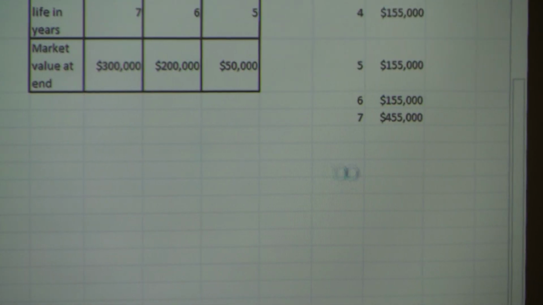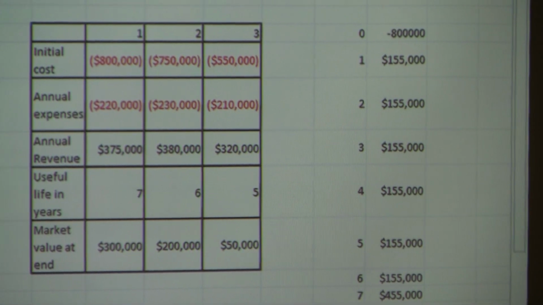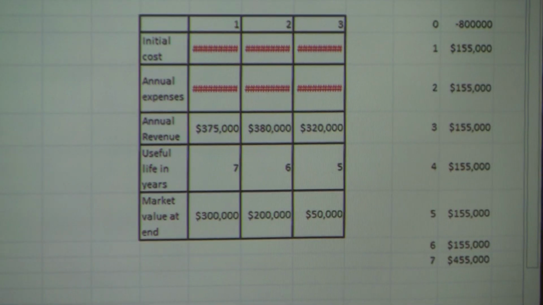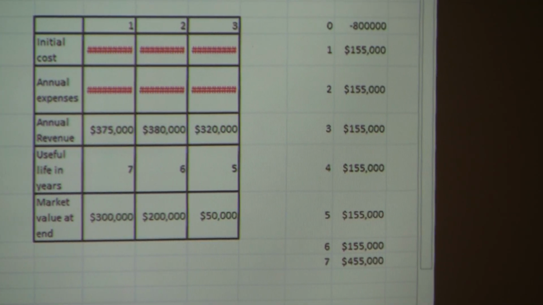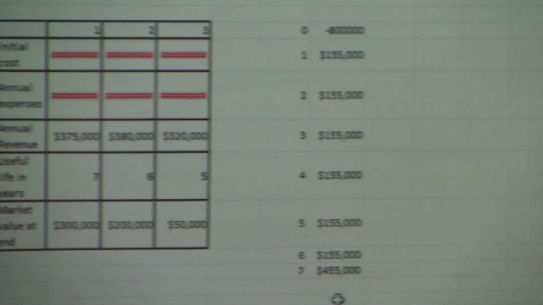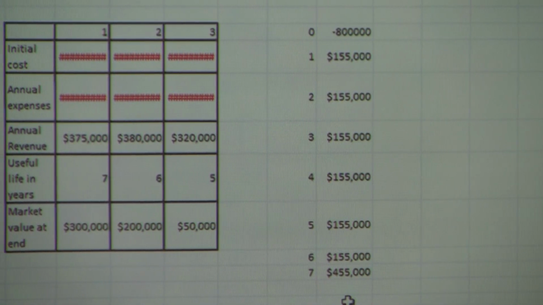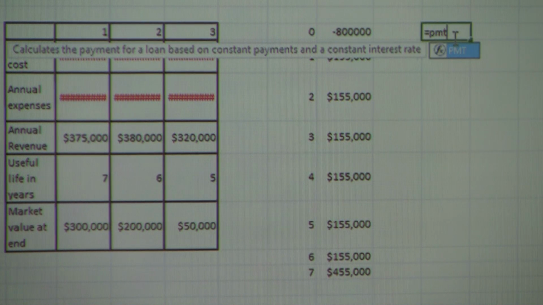Okay, what I want to show is, y'all still see this? This is what I'm going to do. I'm going to find the annual worth of this project using the payment function.